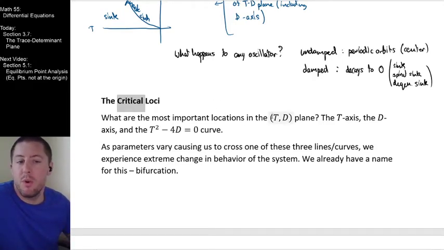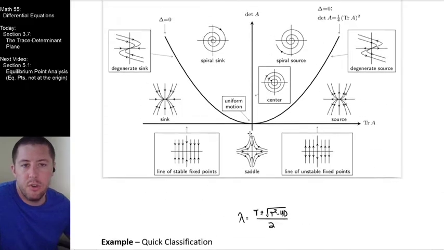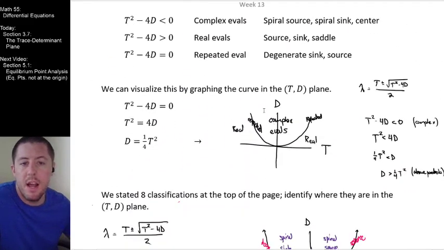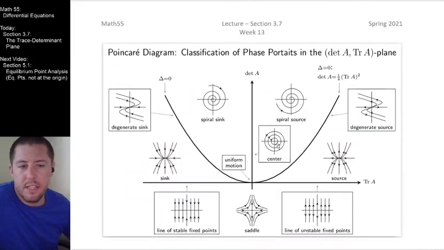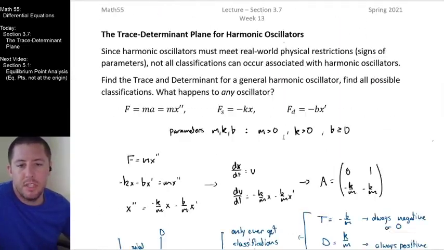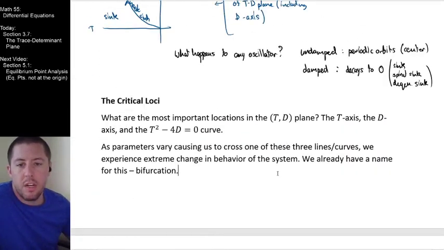So the most important locations in the TD plane are the t-axis, the d-axis, and the t squared minus 4d curve, right? When we very first drew our first picture of this, I only drew those three curves out there and said, yeah, we get real, complex and repeated eigenvalues at these locations, right? So the two axes and the curve are clearly our most important locations, and our question is, when are we going to cross those things?